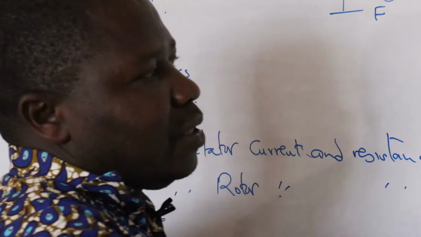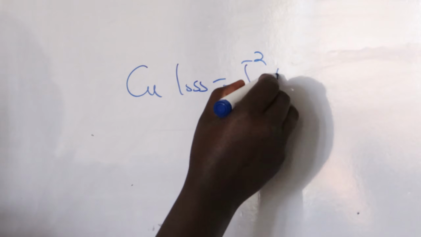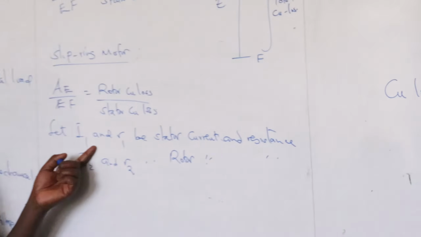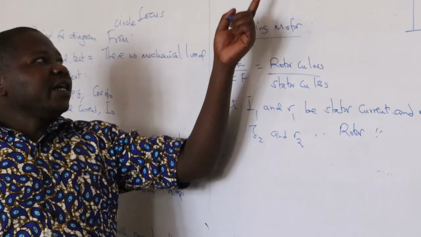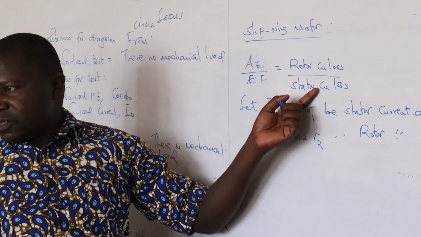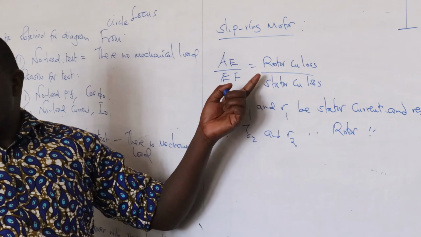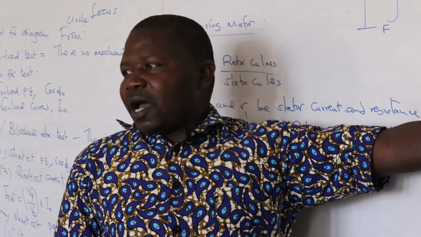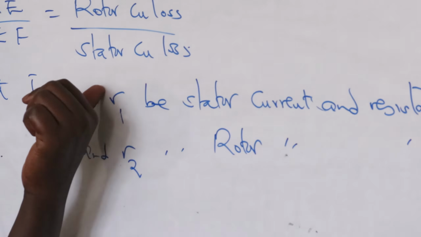This is a sideway. Any copper loss is given by I squared R. And therefore once we have declared I1 is the stator current, R1 is the stator resistance, we can get the stator copper loss and the rotor copper loss. I'm saying a copper loss is given by I squared R, and here I've declared I1 is the stator current, R1 is the stator resistance.